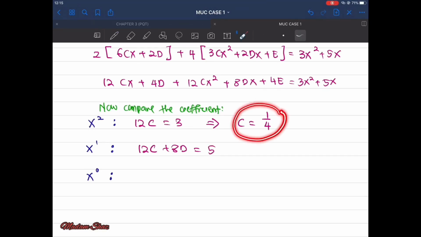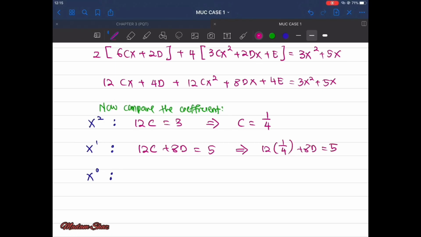We already know the value of C equal to 1 over 4, so we can substitute the value C into the position of C. So therefore 12 multiply 1 over 4 plus 8D is equal to 5. So therefore D is equal to 1 over 4.